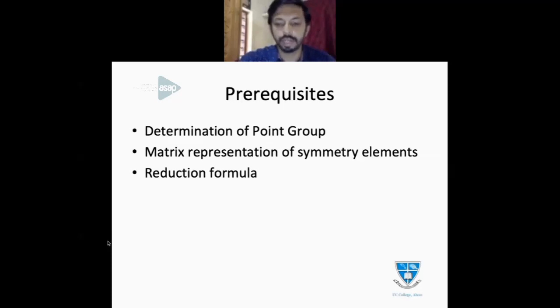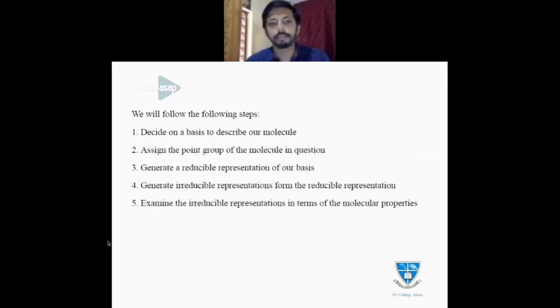I am going to start the session on vibrational modes of analysis, applying group theory to vibrational modes of analysis. I'm following these 5 steps. First, we have to decide the basis of our molecule, which we will discuss later.